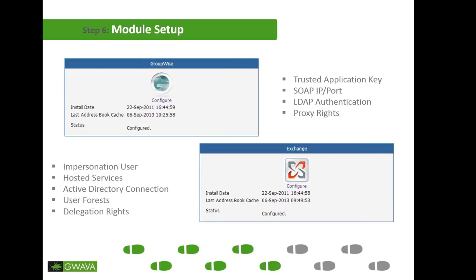For Exchange, we need a user who has impersonation rights. For hosted services, there is an option to download the address book in a different way, and we need to have the Active Directory connection, so IP address or domain of the Active Directory controller, username and password, and then if there is one available, the user forest to download the users from Active Directory.